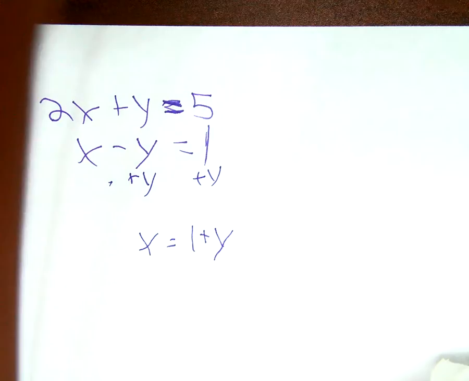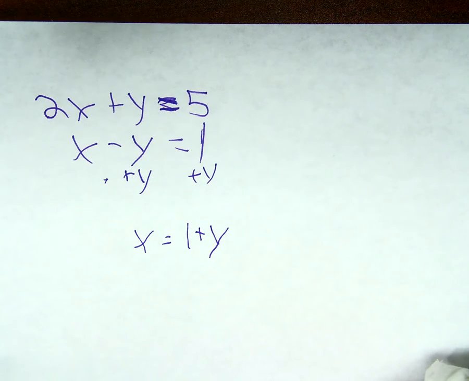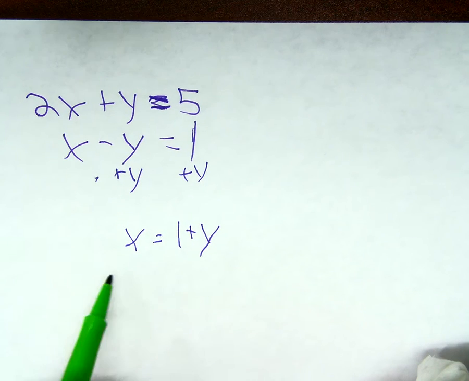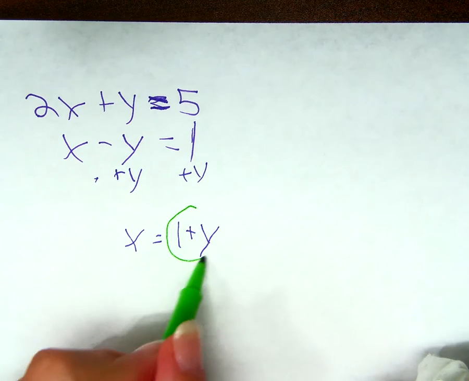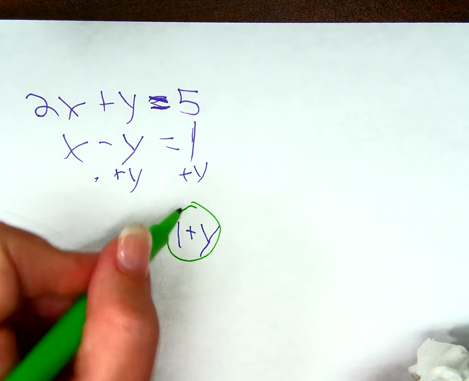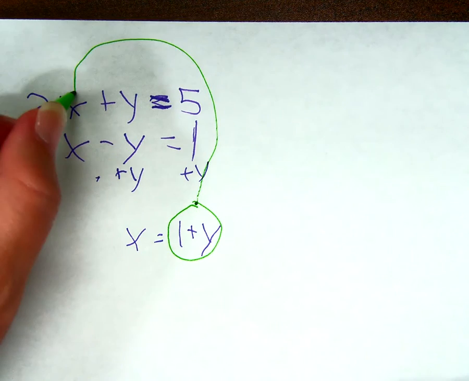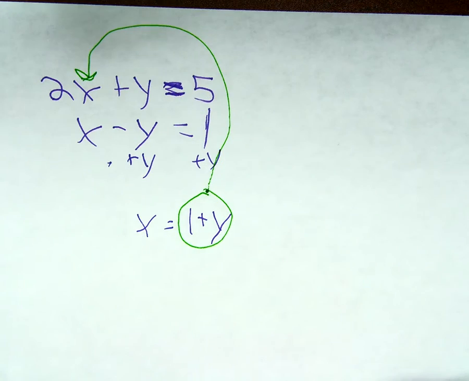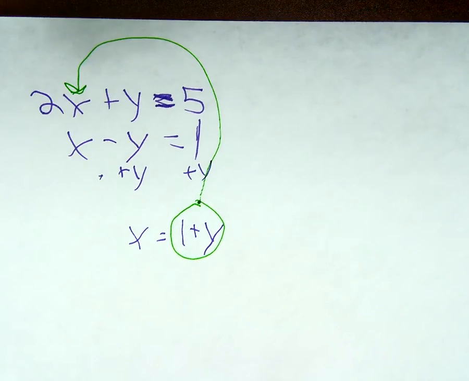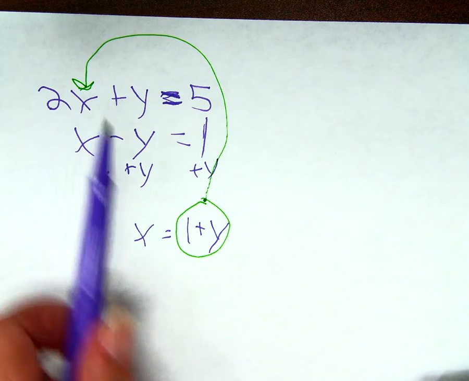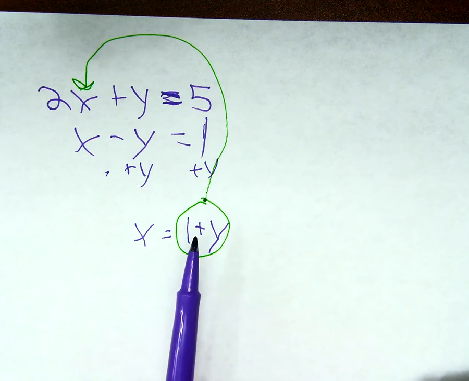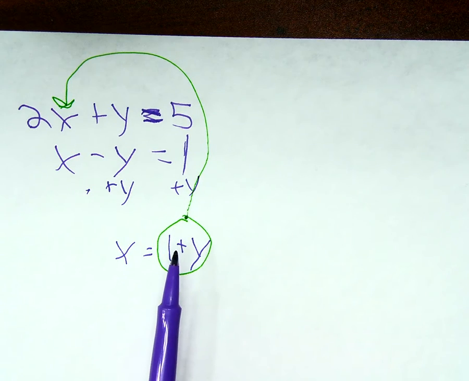Now the point is, what I know is x. I know this is what x equals, so I want to take this to the other equation and put it in right there. I'm going to rewrite the first equation, but instead of writing x, I'm going to write what I know x equals. You okay with that?